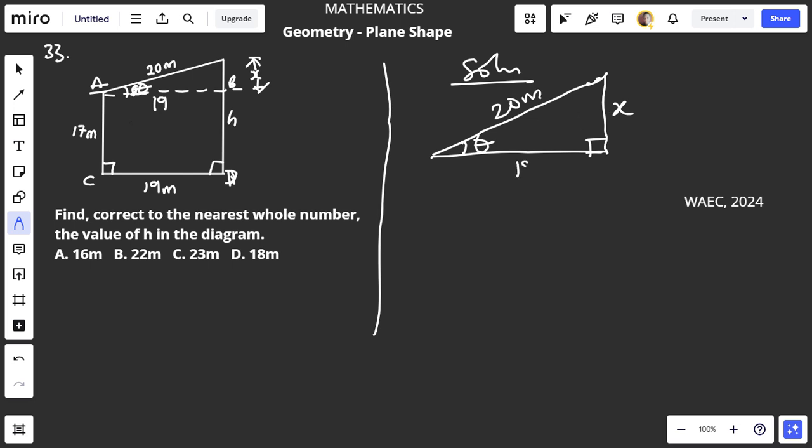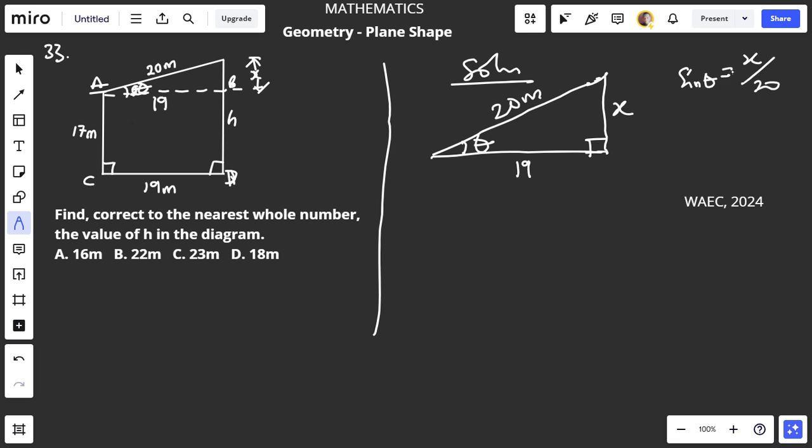So here is 19, and we have a right angle triangle there. Since we are looking for X, we need a trig ratio. If we do sine theta, opposite over hypotenuse, X over 20, theta is unknown and X is also unknown, so there are two unknowns and you cannot evaluate that.